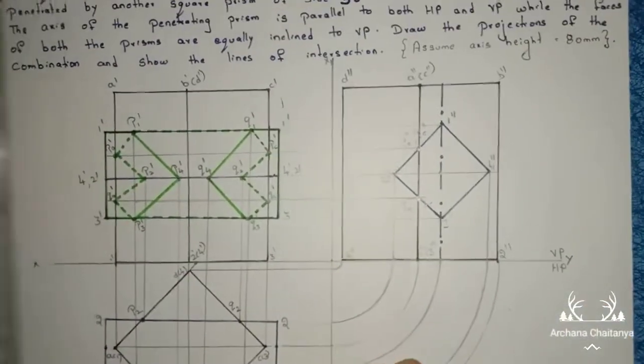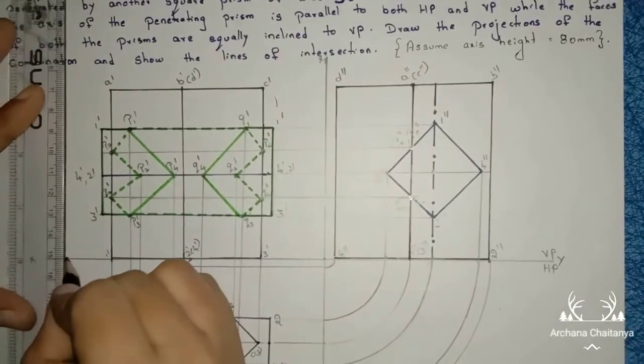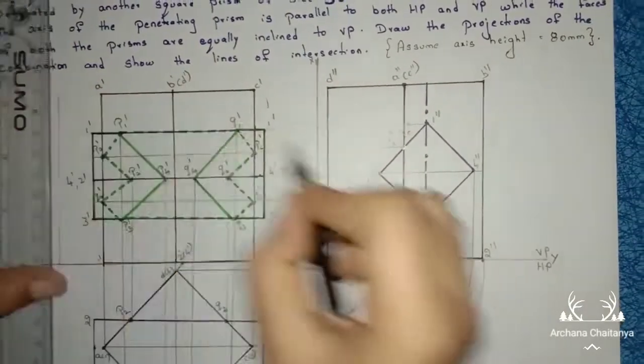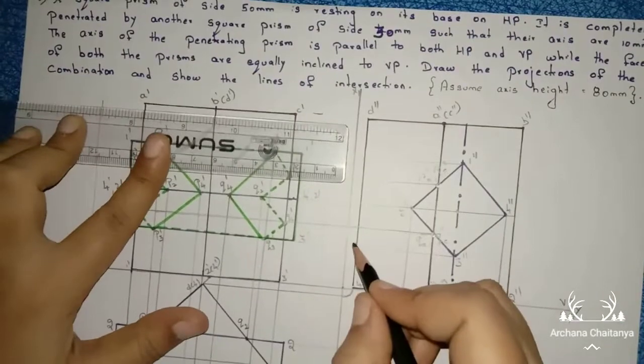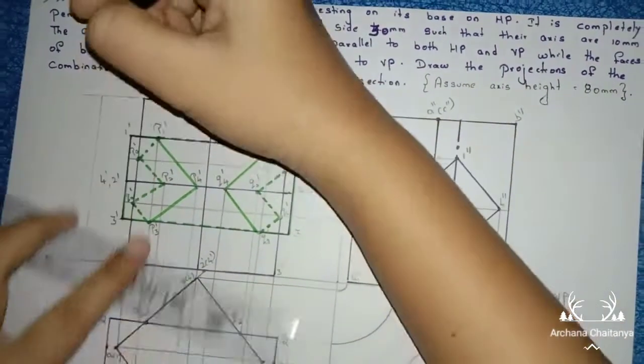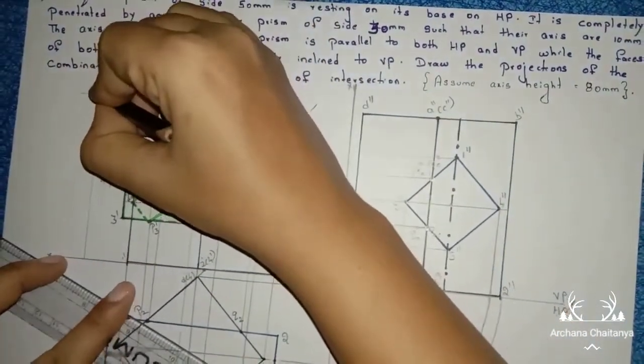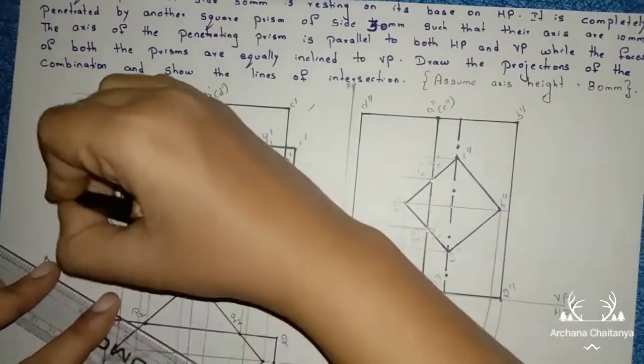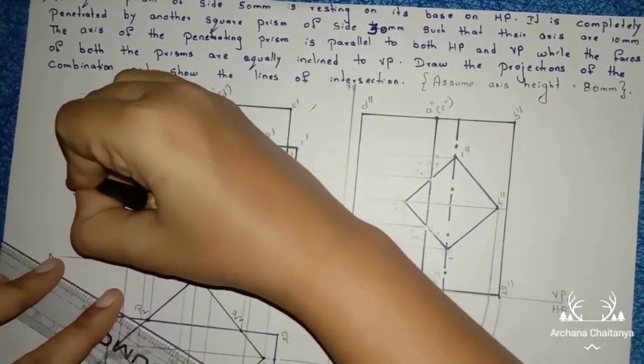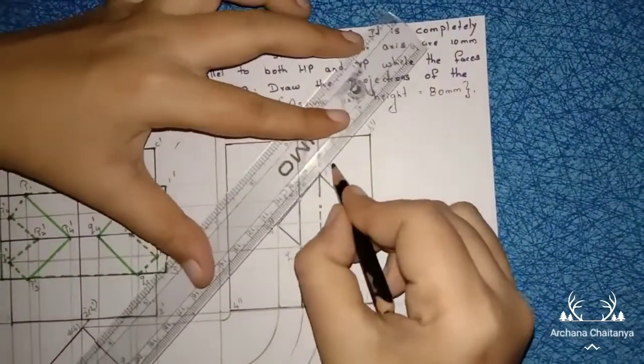And here axis height 80 mm, take the axis height 80 mm. And next one is they mention the length of this square.